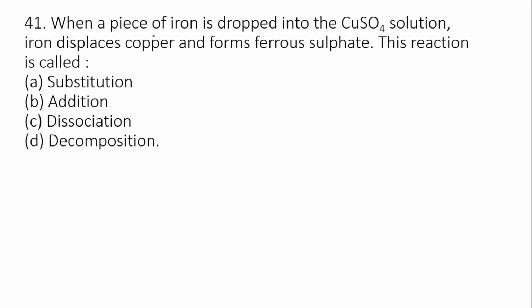The very first question of the day is: when an iron piece is dropped into a CuSO4 solution, iron displaces copper and forms ferrous sulfate. This type of question we have seen many times, but there is something new in this one. Firstly, we will write the equation.